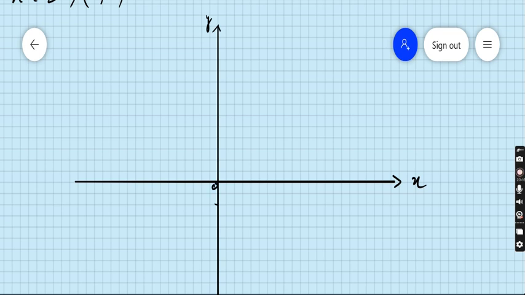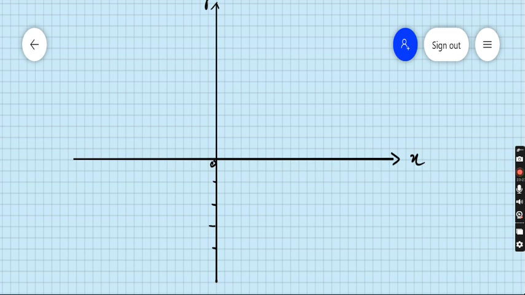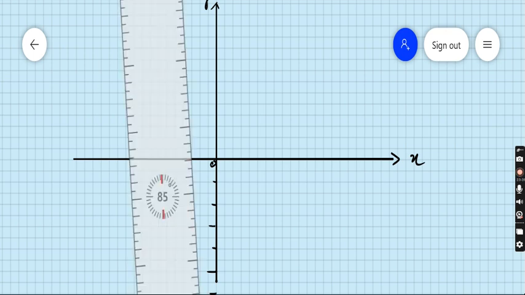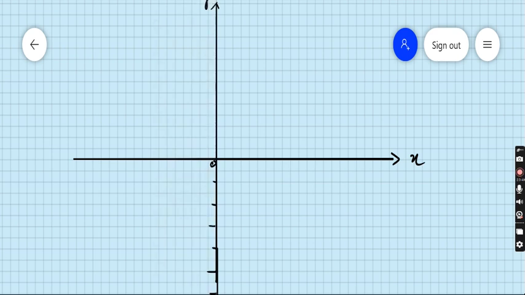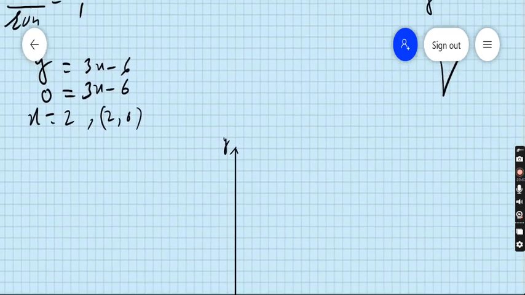So minus 1, minus 2, minus 3, minus 4, minus 5 and minus 6. So this is minus 6. This is y-intercept.